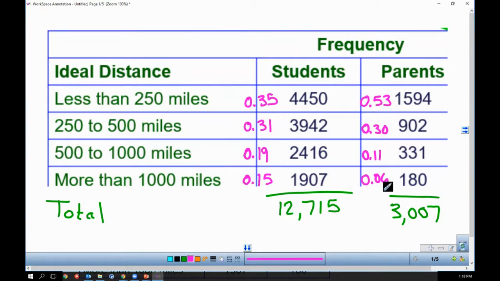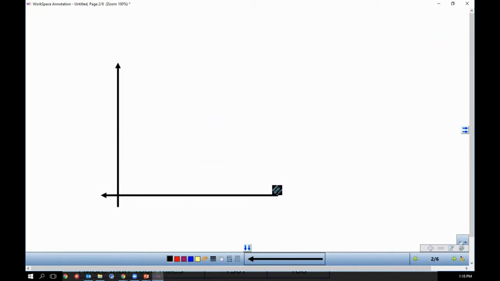We want to take those and make a comparative bar chart with it. So I'm going to go make my axes. Aside from the example, we haven't written anything else down, right?